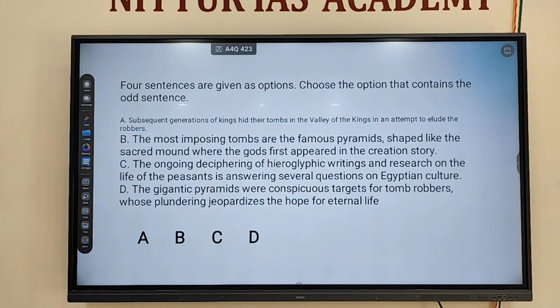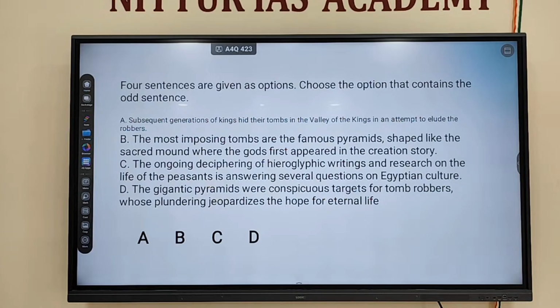Subsequent generations of kings hid their tombs in the Valley of Kings in an attempt to elude the robbers. The most imposing tombs are the famous pyramids shaped like the sacred mount where the gods first appeared in the creation story. The ongoing deciphering of, how do I pronounce, hieroglyphic writings and research on the life of the peasants is answering several questions on Egyptian culture.